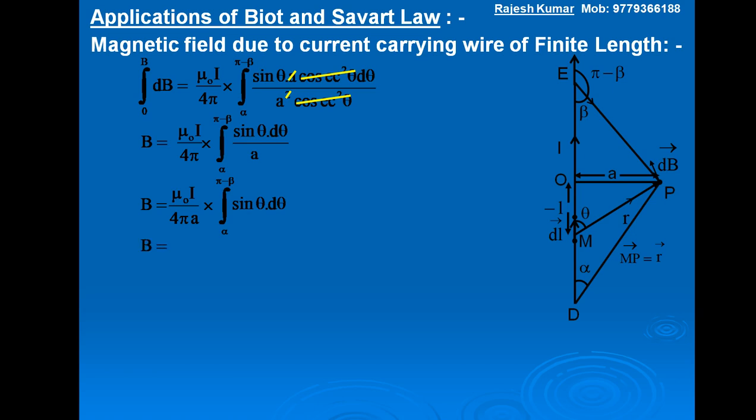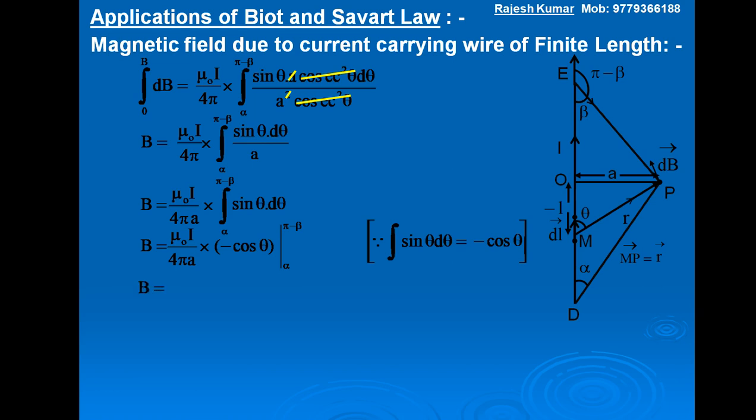Or B is equal to mu naught I upon 4 pi a into minus cos theta, with lower limit alpha and upper limit pi minus beta, because integration of sin theta is equal to minus cos theta.